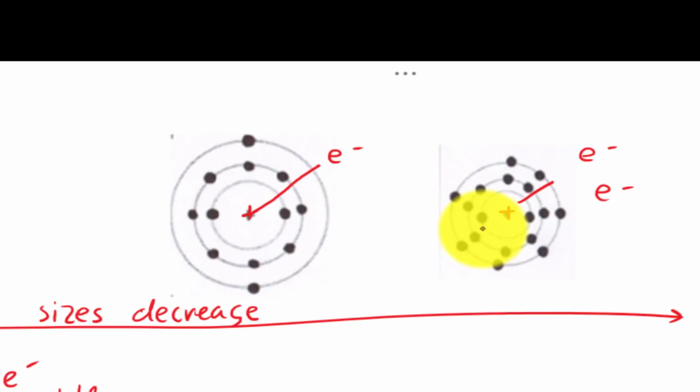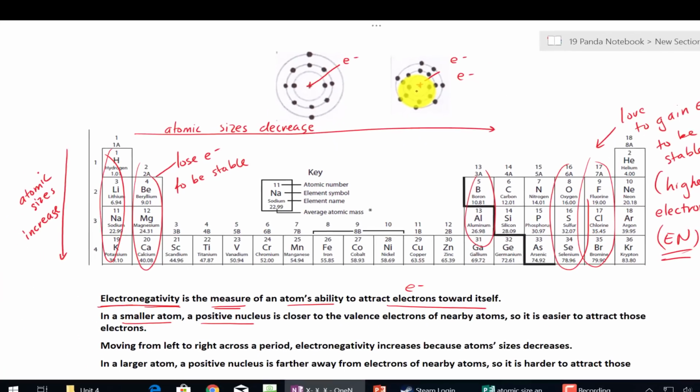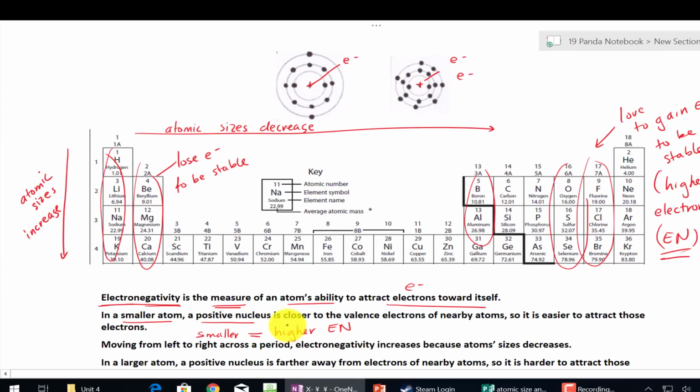So right away, we have to realize that in a smaller atom, you would have a higher ability for this proton or that nucleus to gain or steal electrons from other atoms. So that's one fact that we have to remember. Smaller atoms have higher electronegativities. And of course, EN is electronegativity.